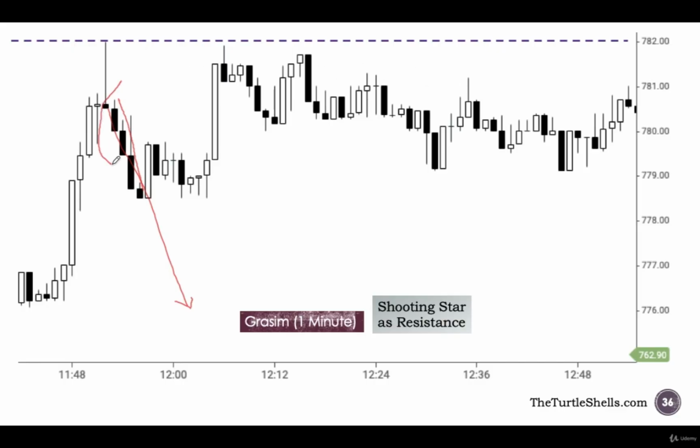And as you can see from here till here, there is not a single candle which has crossed and closed above this purple dotted line, because that is the high of the shooting star that has been created. Okay, so this gives us confidence that the high of the shooting star becomes our resistance point. So that gives us an indication of where we should keep our stop loss.